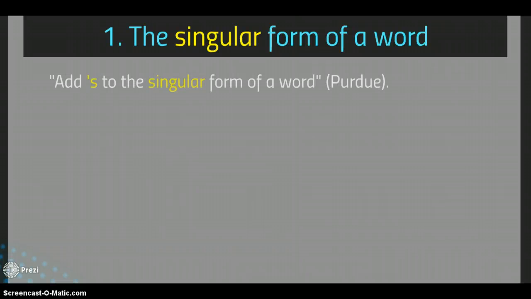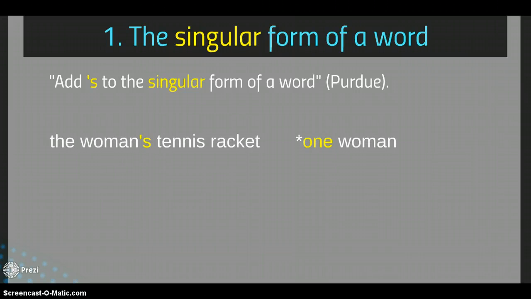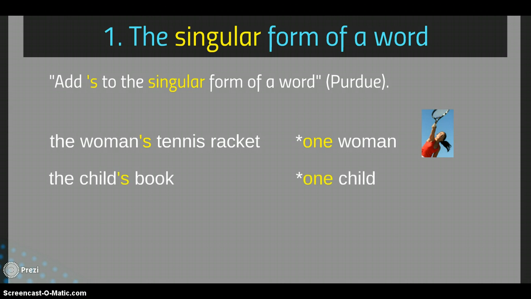First, the singular form of a word will require us to add an apostrophe S. The woman's tennis racket. We have just one woman, so we're going to add an apostrophe S after the letter N. The child's book. We have just one child.